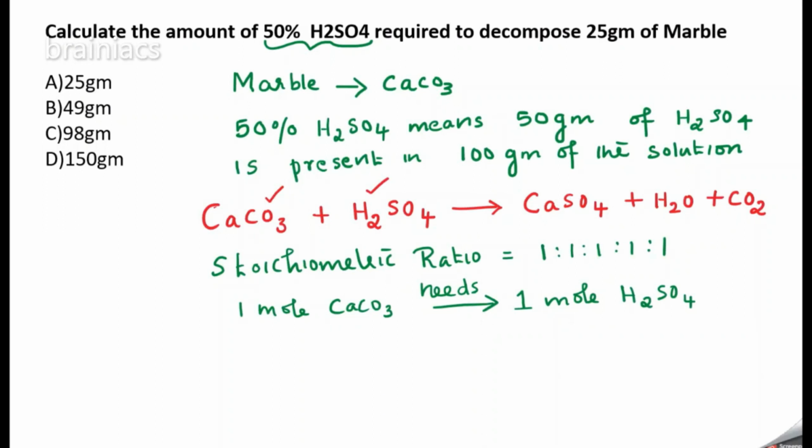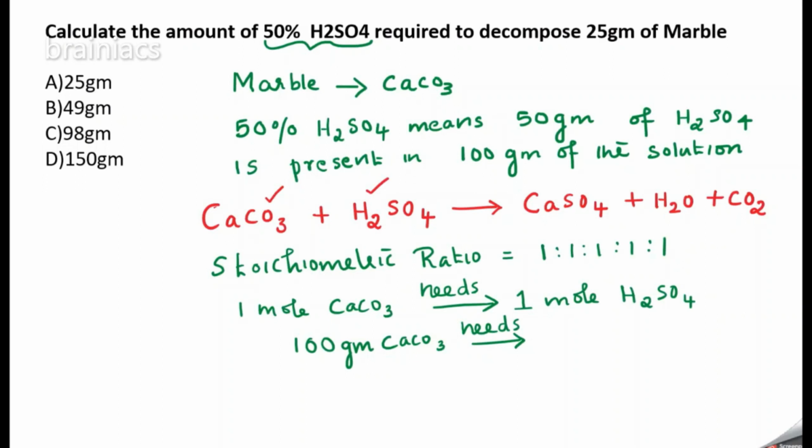So that means they are asking for mass. We will convert 1 mole of calcium carbonate to mass, that is 100 gram. We know that 1 mole of any molecule or compound will have a mass equal to molecular mass expressed in grams. So 100 gram calcium carbonate needs, tell me, they want the answer as the amount of H2SO4 to decompose.